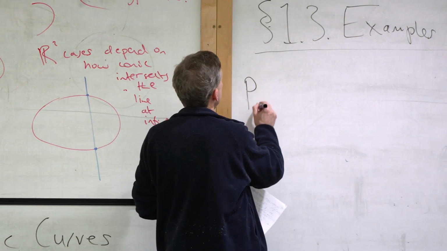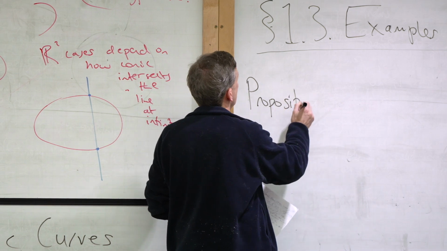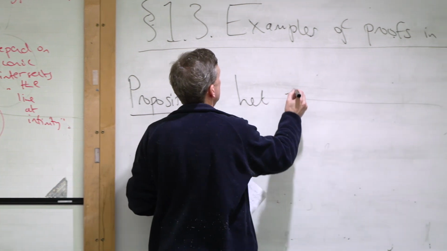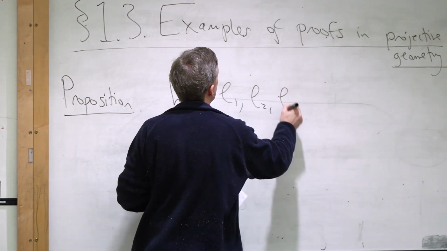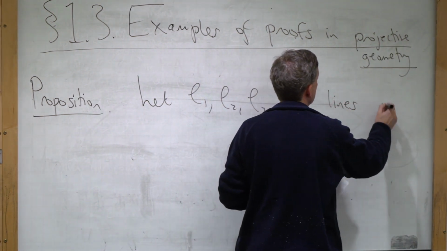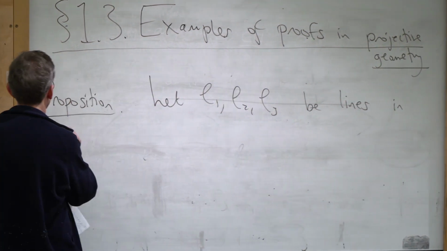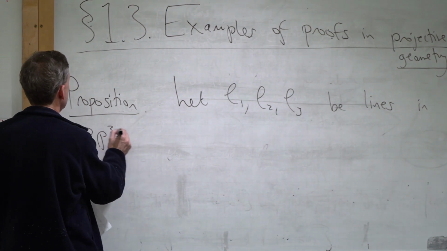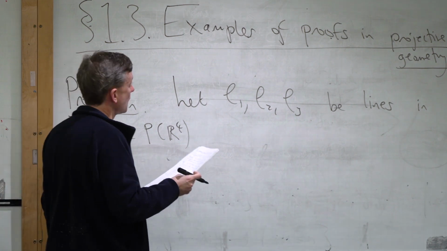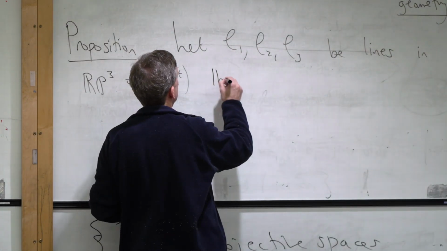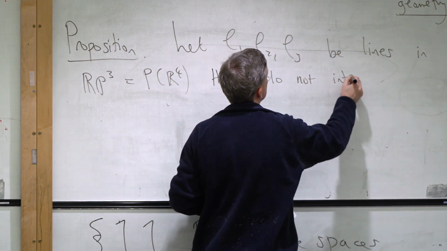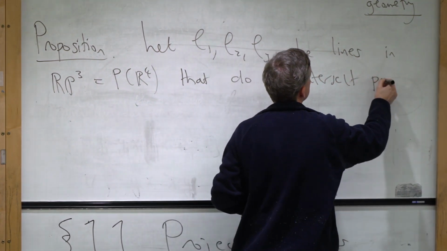So let's now prove the following. Let L1, L2 and L3 be lines, meaning projective lines, in the projective space RP^3, which is P(R^4), that do not intersect pairwise.